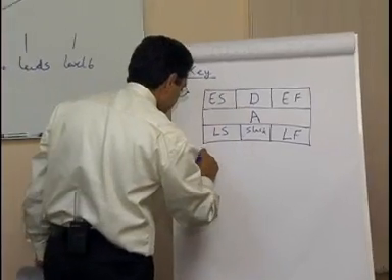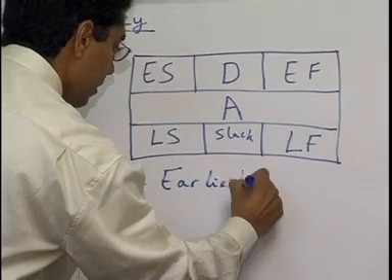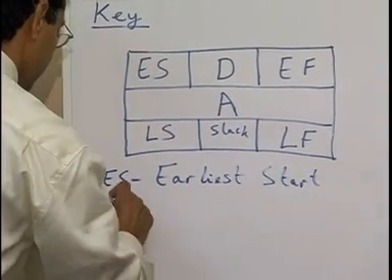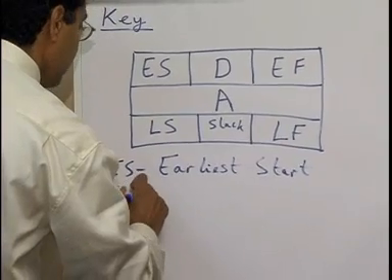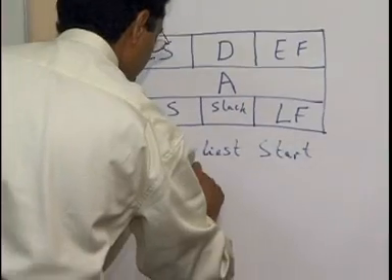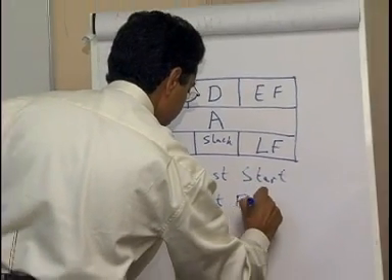So ES stands for earliest start time. Earliest start. EF equals, in this case, earliest finish.